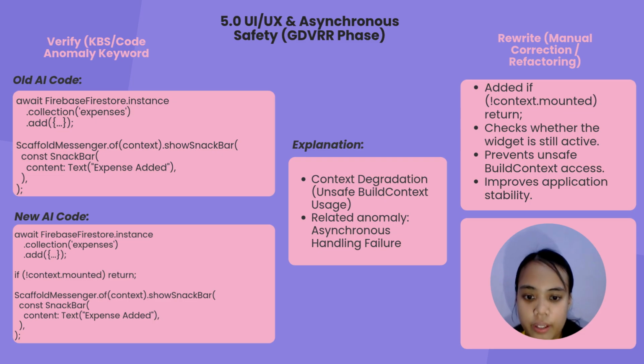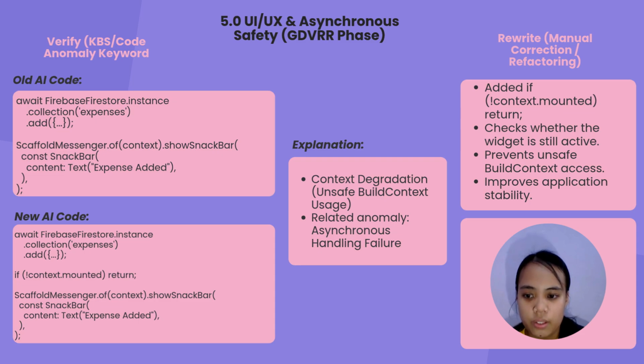During the verification stage, I identified the anomaly as context degradation, also known as unsafe BuildContext usage. This is related to an asynchronous handling failure, because the AI assumes that asynchronous executions will always complete while the widget remains active. To correct this issue, I manually refactored the code by adding an if (!context.mounted) return before displaying the snackbar notification.